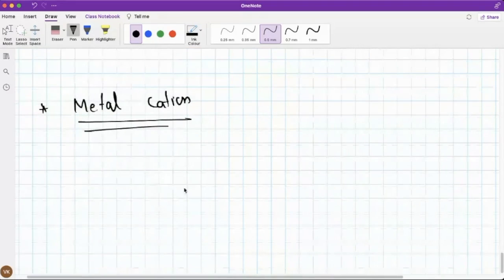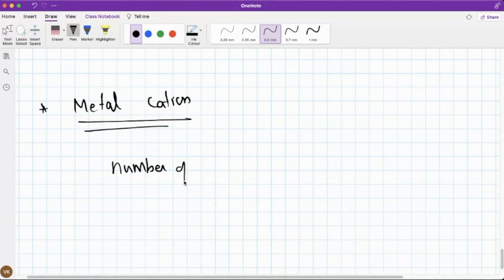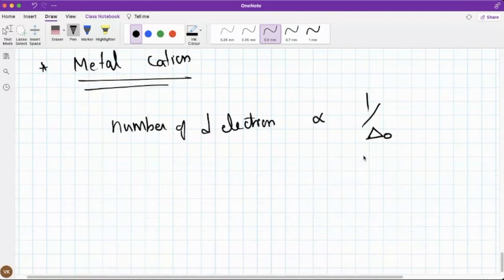Here, depending on the number of d electrons, if the number of d electrons is higher, then the delta naught will be lower.